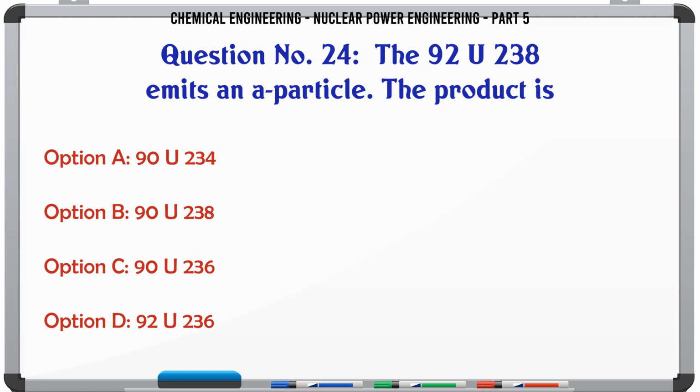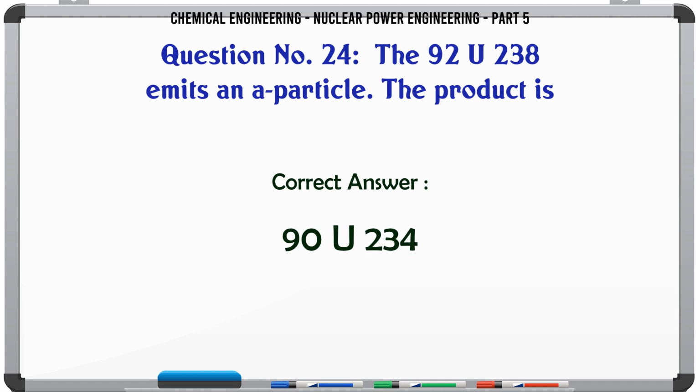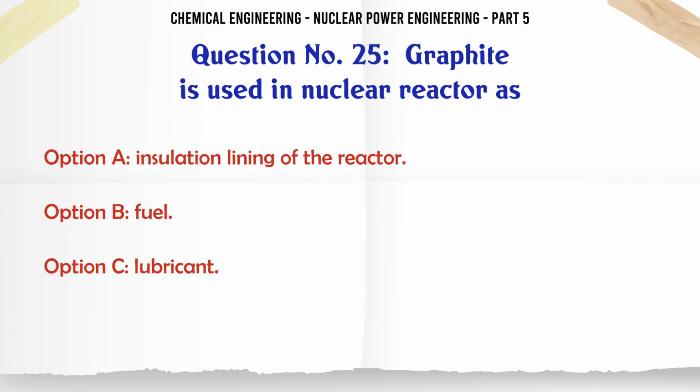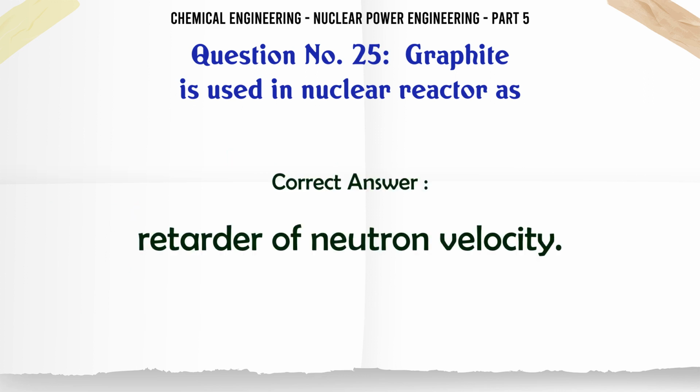The correct answer is 90U234. Graphite is used in nuclear reactor as A. Insulation lining of the reactor, B. Fuel, C. Lubricant, D. Retarder of neutron velocity. The correct answer is retarder of neutron velocity.